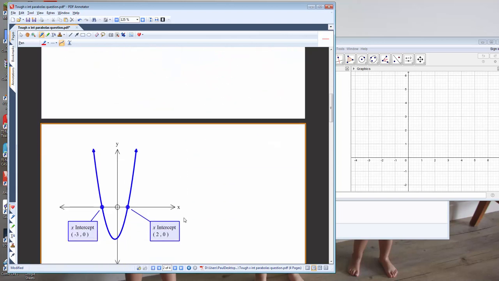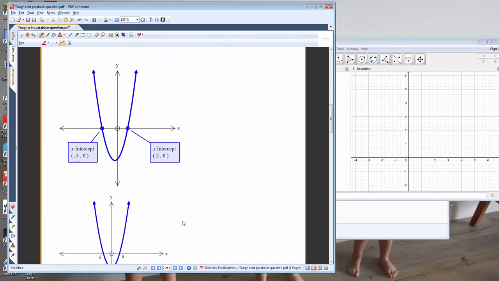Alright, on to something a little bit harder here. Now what we've got here is a parabola that has an x-intercept on the positive side of x and the negative side of x. So let's write up our form, again assuming that the dilation is 1, (x - d)(x - e). One of our x-intercepts is negative 3, the other one is 2, so let's slot them in.